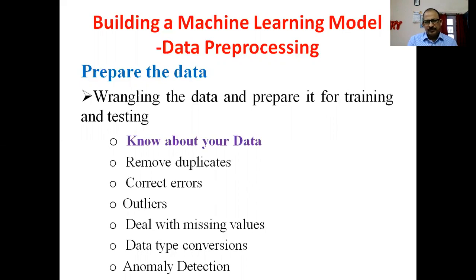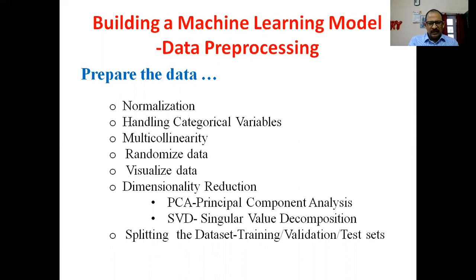Next, after looking at these, we will try to remove duplicates, correct errors if they exist in our data set, handle outliers, deal with missing values, data type conversion, anomaly detection, normalization, handling categorical variables, multi-collinearity, randomized data, visualized data, and dimensionality reduction with the help of two techniques: principal component analysis and singular value decomposition.